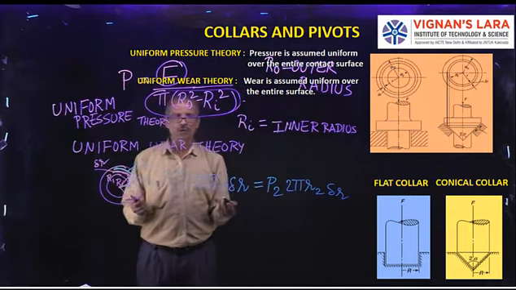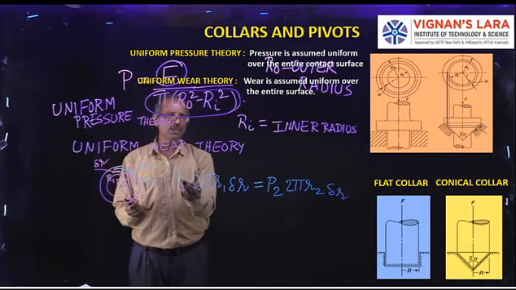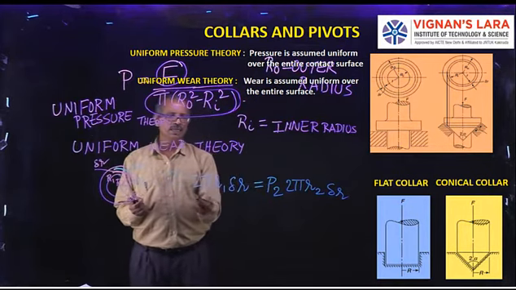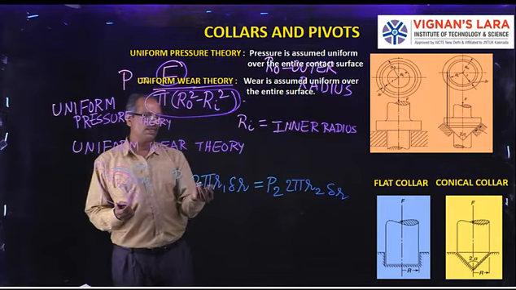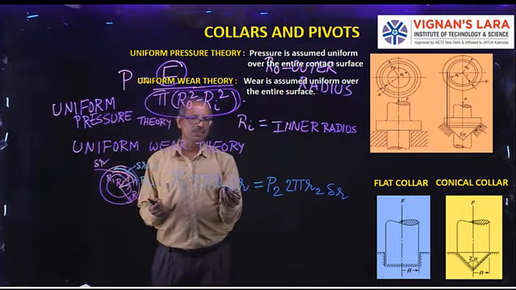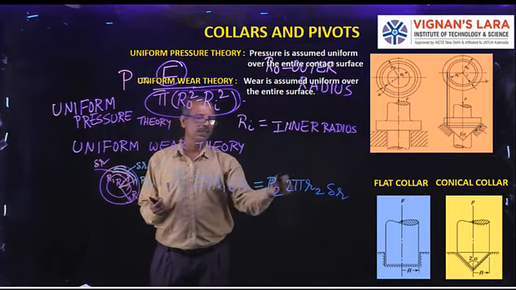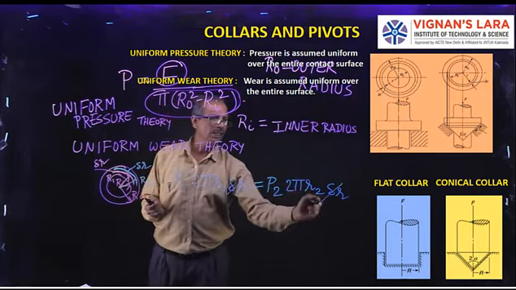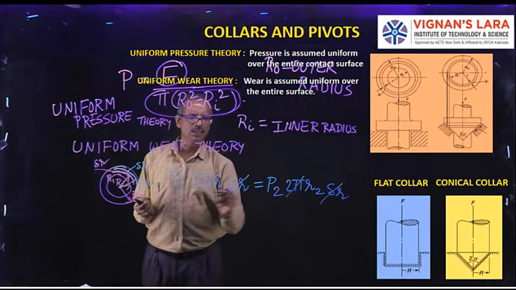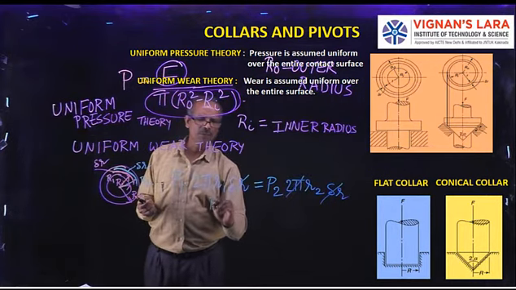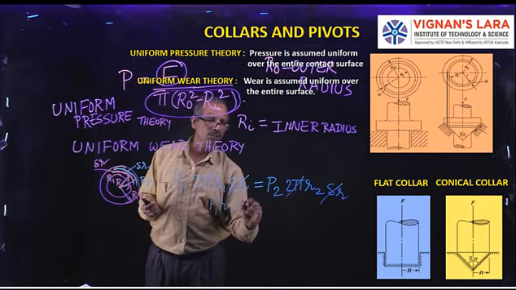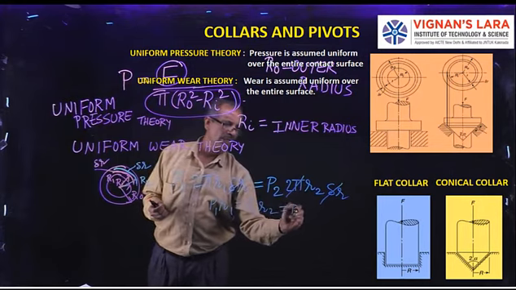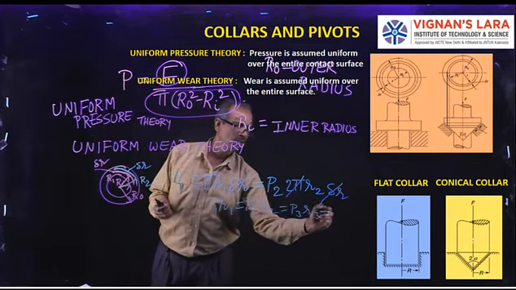The pressure at one location is P1 and at the other location it is P2. But as I said, the uniform wear theory says that the wear at any location is the same. So if I make the force here and here the same, delta R gets cancelled, 2 pi gets cancelled, and I can write P1 R1 is equal to P2 R2, or P3 R3, and so on.